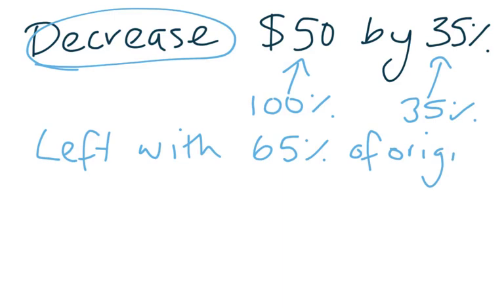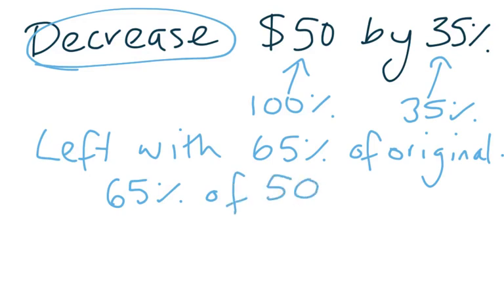Now that means when we work this out, instead of multiplying by 1 point something, we don't have the 100% anymore. We are trying to make it less, and the only way to make it less is to multiply by 0 point something. Okay, we're left with 65% of the original, so we're trying to find 65% of 50.